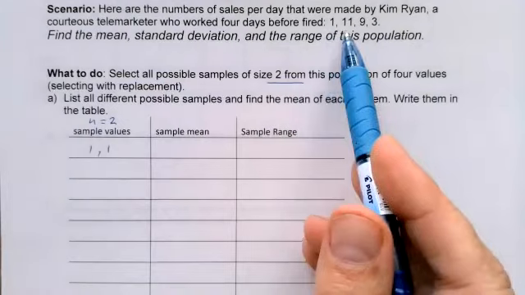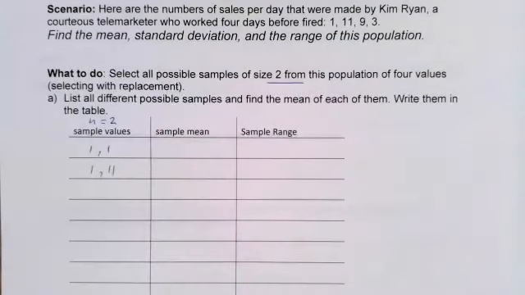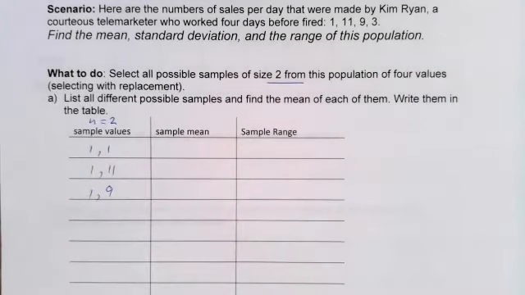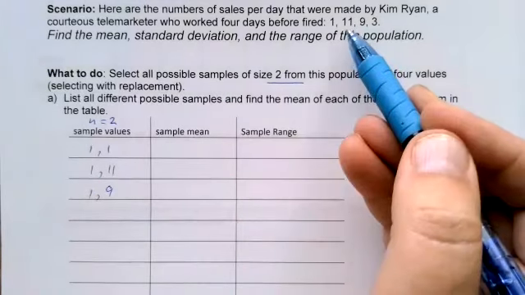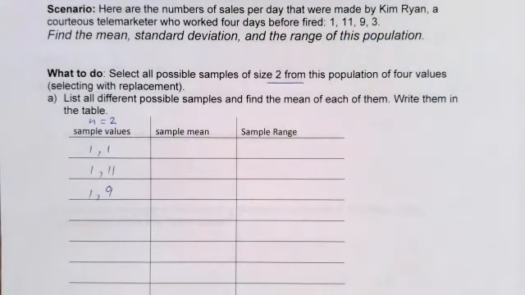The next possible sample is 1 and 11. The next one is 1 and 9, 1 and 3, and so forth. Then you're going to do 11, 1, 11, 11, 11, 9, 11, 3, and so forth. Okay, so that's the first step: you're going to list all of those samples.